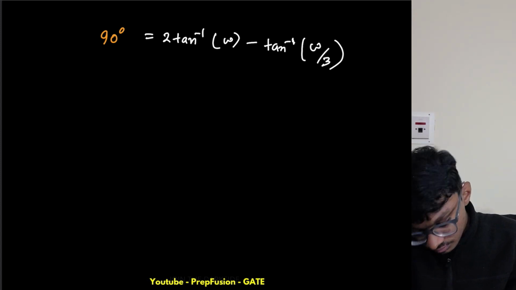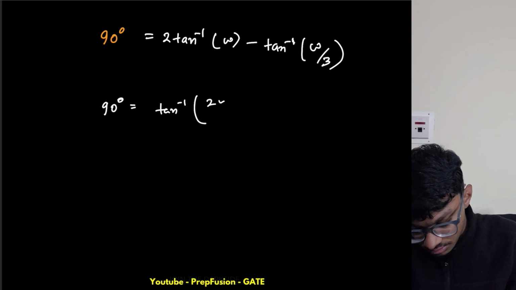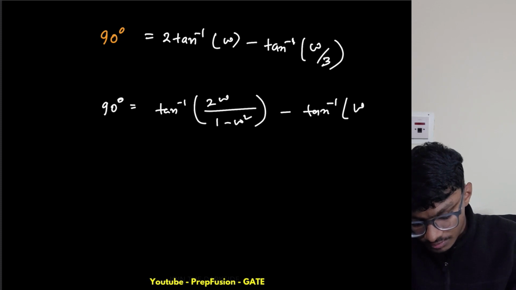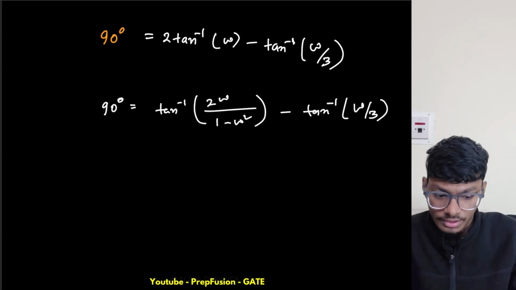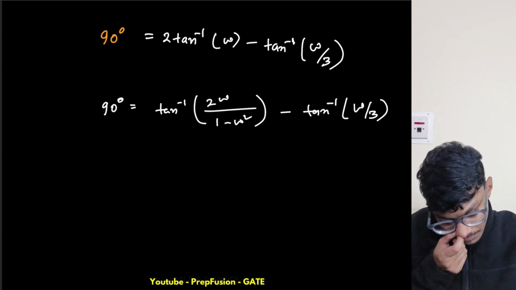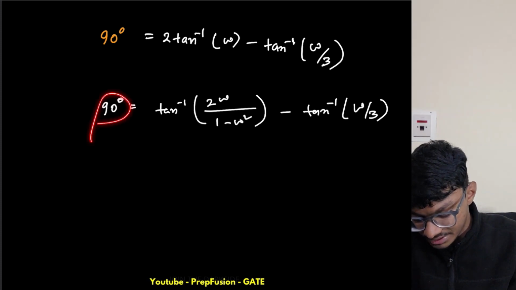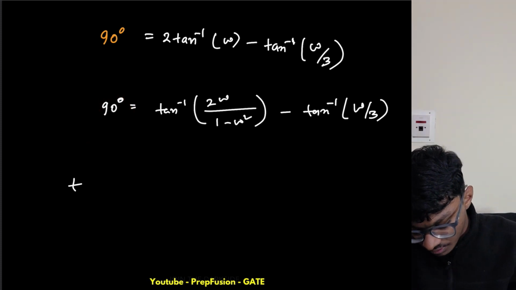So now 90 degrees equals tan inverse of 2 omega divided by 1 minus omega square, minus tan inverse omega by 3. Simply put it in the formula. So if you put it in the formula, what do we get? What does 90 degree represent? It represents tan inverse infinity, right?